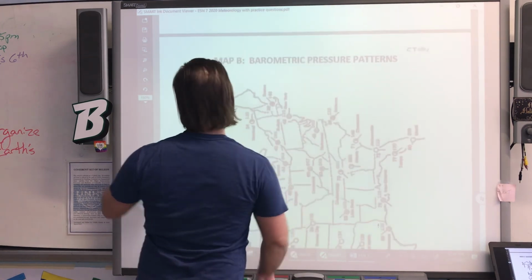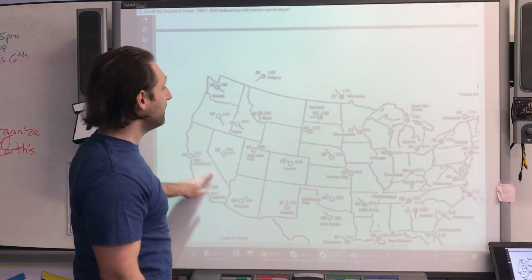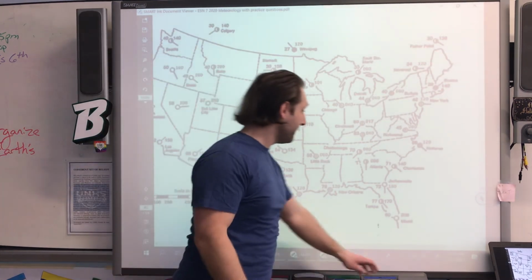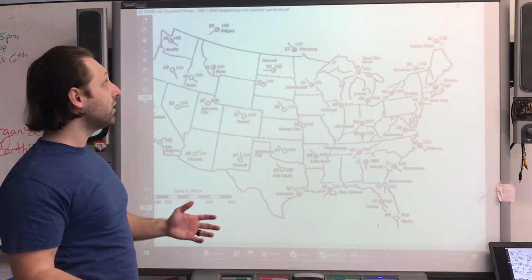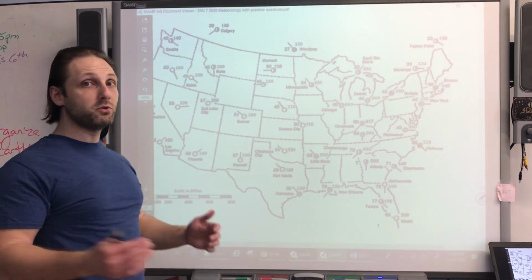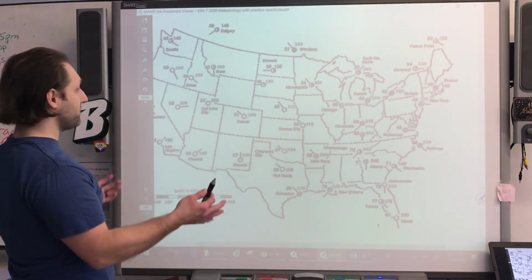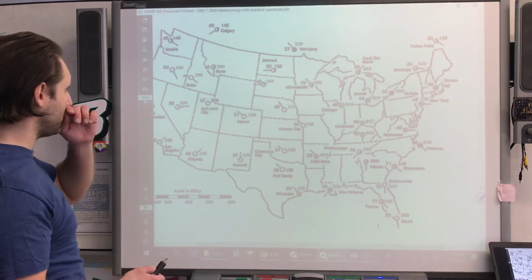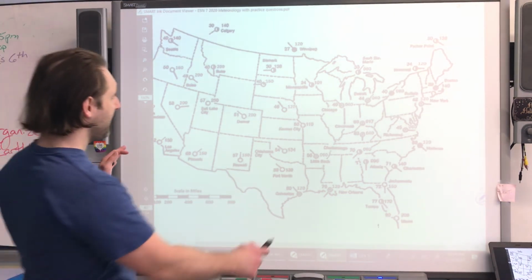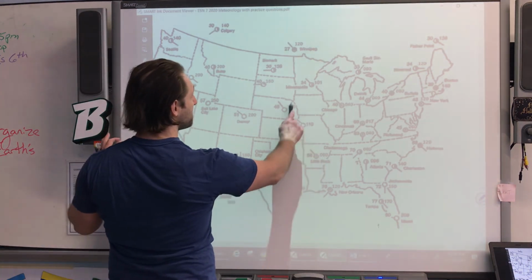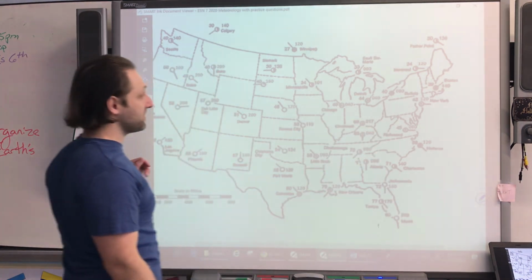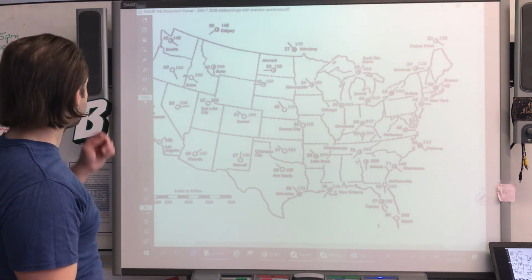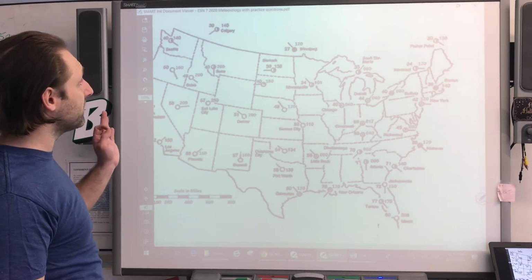Now, when you are using map B, you need to start identifying where those pressures are for the codes you solved. So the first thing we had to do is look and see if there is a 000 anywhere in any of these positions at any of these city stations. I don't see any 000s.